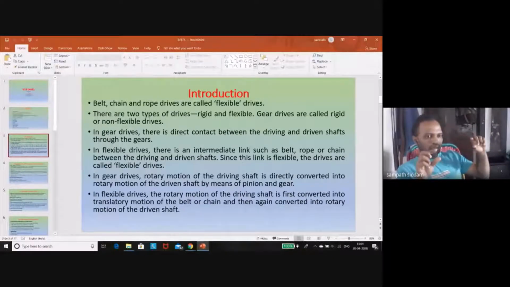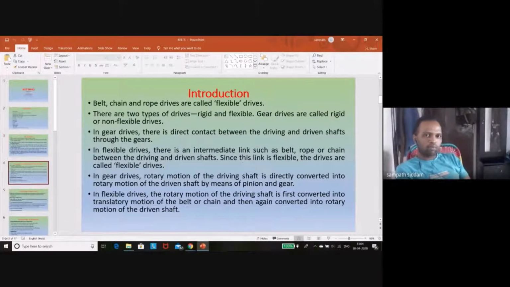When there are intermediate points in between, if you want to transfer your rotary motion into rotary motion, one form of the conversion to the other one, first it is usually done with the help of your belt, and again it is converted by the motion onto the driven shaft. That is, intermediately there is a link in between. So in the transfer of motion, there is a time lag for your flexible drives. That is not the case for your non-flexible drives. So this was about your flexible drives.